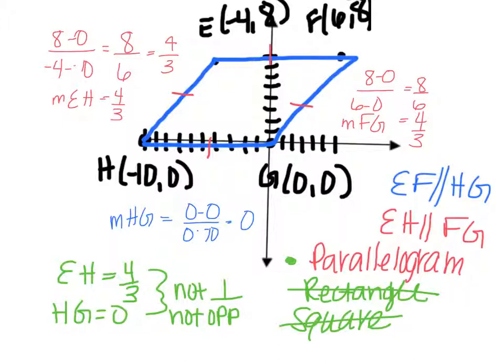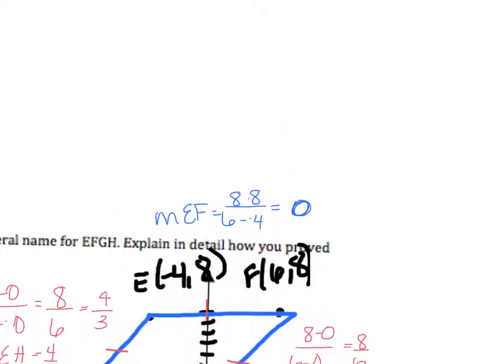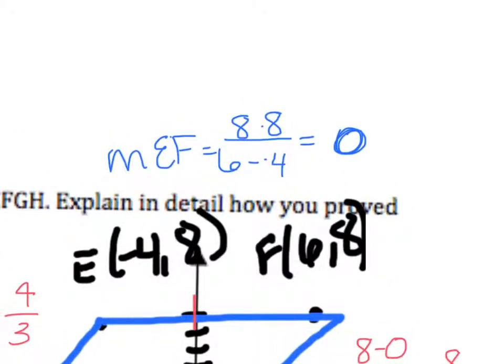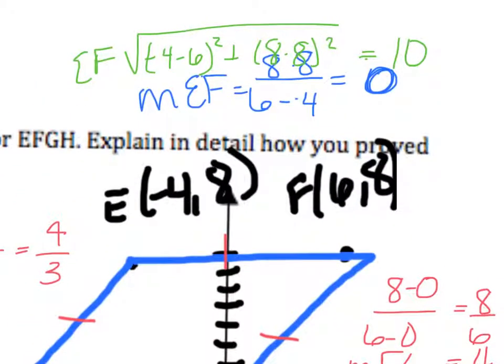So you've got to do the distance formula 4 times in order to prove that. So if I go ahead and do that, I'm going to do that with EF. So I'll do -4 minus 6 squared plus 8 minus 8 squared. That's going to be 0, so this is just going to come out to be 10. So EF is 10, so let's go ahead and go down to the bottom.